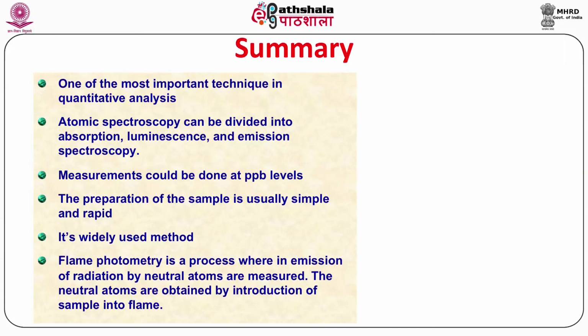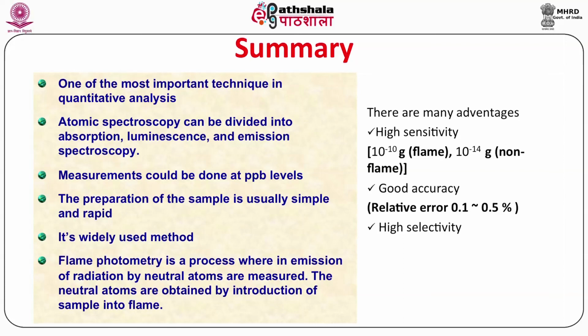Measurements can be done at the parts per billion level, and the preparation of the sample is usually simple and rapid. It is a widely used method. Flame photometry is a process in which the emission of radiation by neutral atoms is measured. The neutral atoms are obtained by introducing the sample into a flame, and that is known as flame photometry.